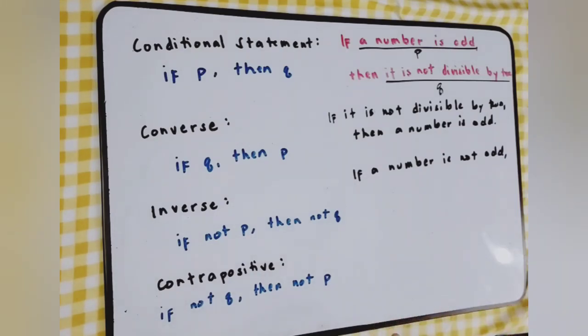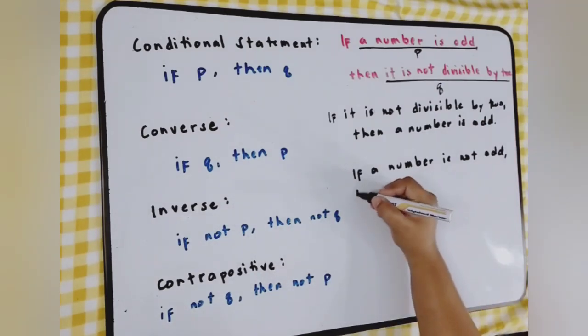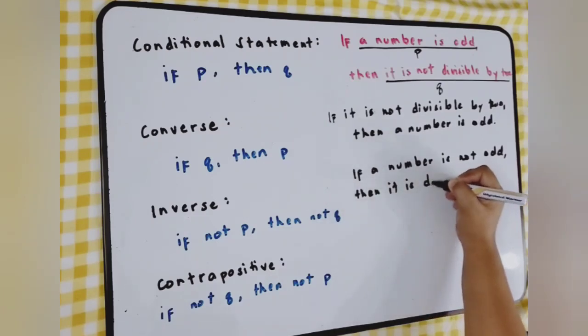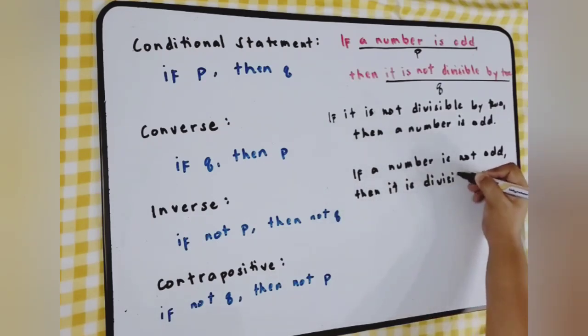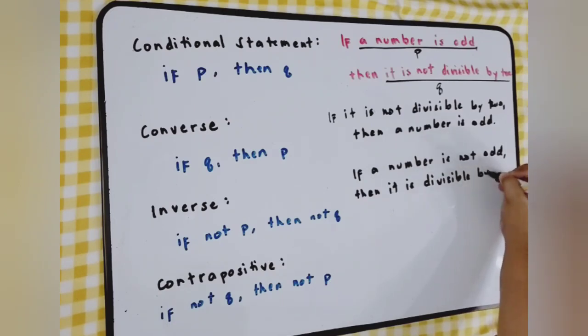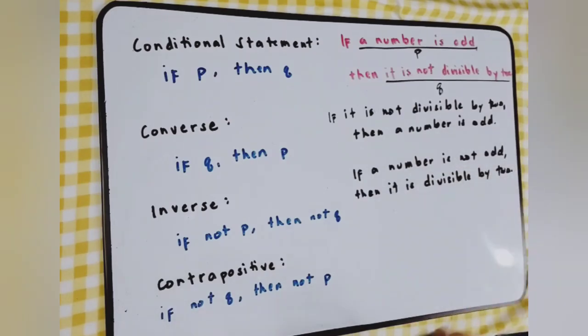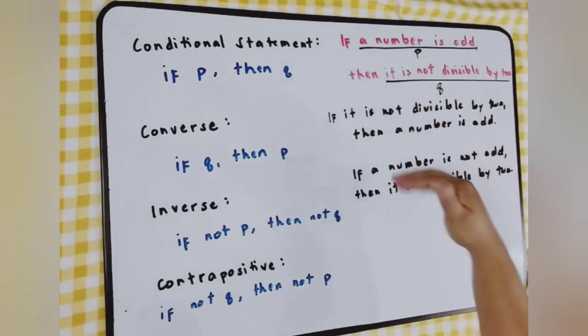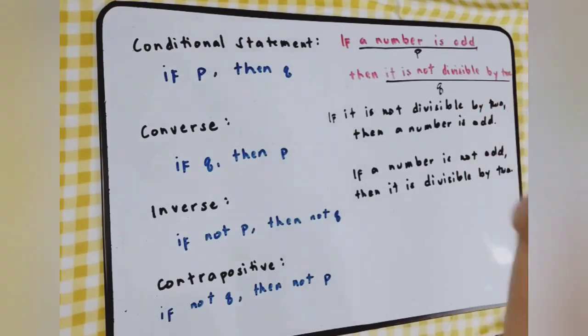Therefore, our statement will be: if a number is not odd, then it is divisible by 2. Did you get it? Since it already says it is not, it is already negated, and when we negate it again, a negative and a negative become positive.